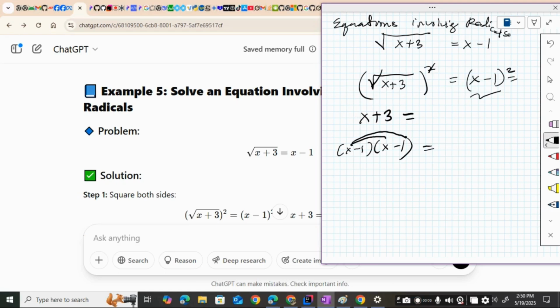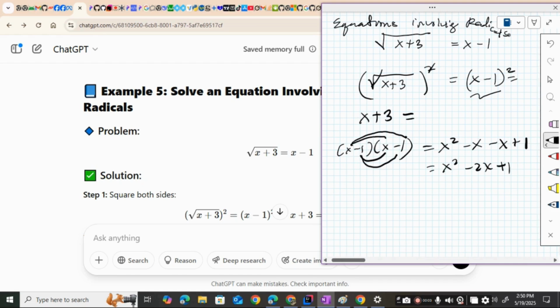So we distribute x in the x minus 1. So x multiplied by x is x squared. This one is minus x, and we distribute negative 1 to x minus 1 also. So minus x plus 1. So that's minus 1 multiplied by minus 1. So we get x squared minus 2x plus 1.